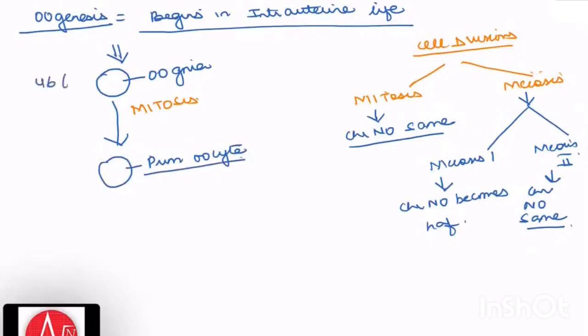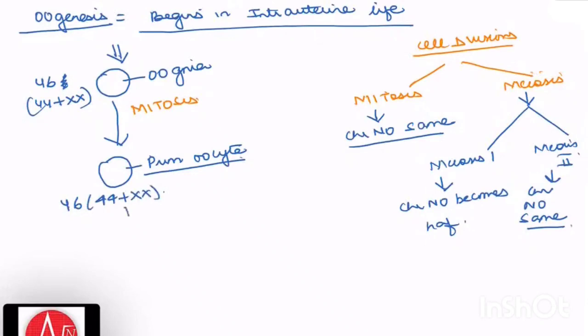Oogonia का क्रोमोसोम नंबर था 46, 44 plus XX. After mitosis, chromosome number remains the same. So primary oocyte ka bhi, it will be 46, that is 44 plus XX. Right?